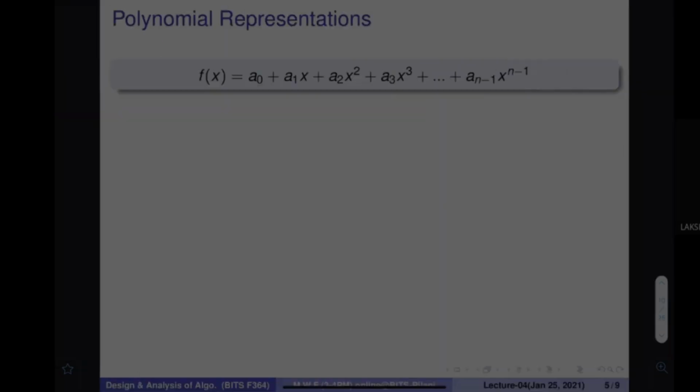Okay. So the next thing I'm going to talk about, I have a lot of time today, so it's very easy, is the polynomial representation. All of you know polynomials, because from the very beginning you have been hearing about them. A polynomial is an expression of this particular kind, where there is a constant.